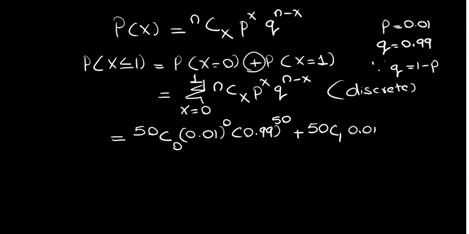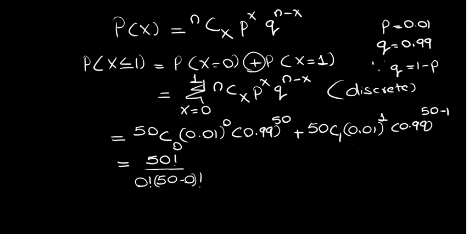So 50C1, 0.01 raised to 1 and 0.99 raised to 50 minus 1. And 50C0 is nothing but 50 factorial divided by 0 factorial into 50 minus 0 factorial, and 0.01 raised to 0, anything raised to 0 is 1, into 0.99 the whole power 50.